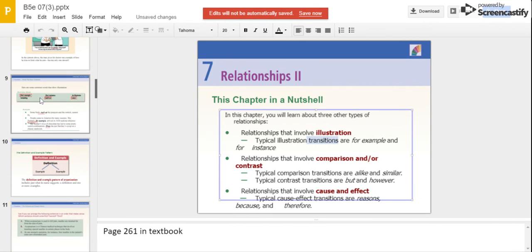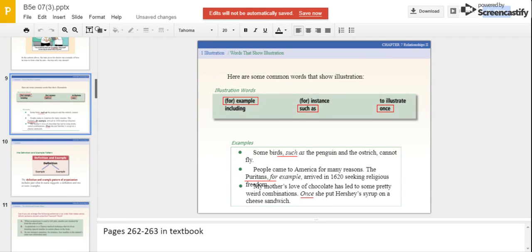For example, if I scroll down to slide number 9, you see that it says, here are some common words that show illustration. When they say words that show illustration, they mean transitions. The words in these green boxes are also called transitions.